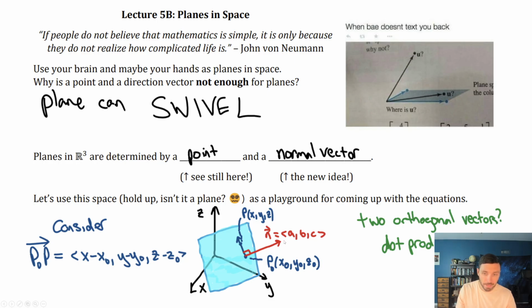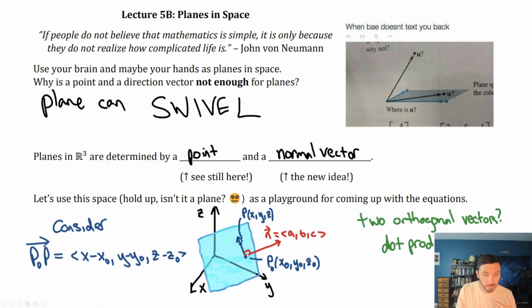And then I had a comma b comma c, the normal vector. I want this dot product to be 0 between the normal vector a, b, c and this vector p naught to p. I can find this vector by taking the difference: x minus x naught, y minus y naught, z minus z naught.